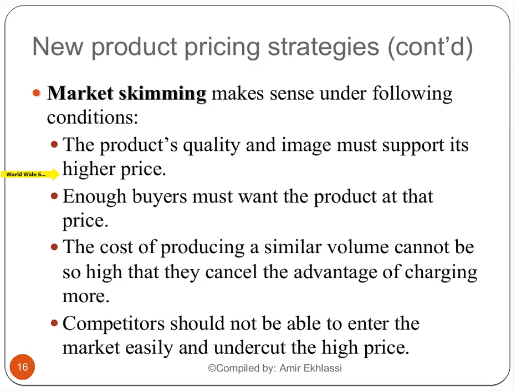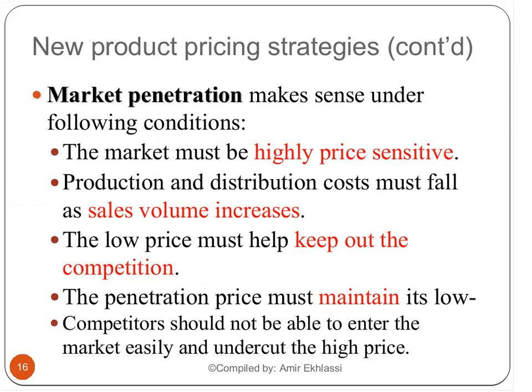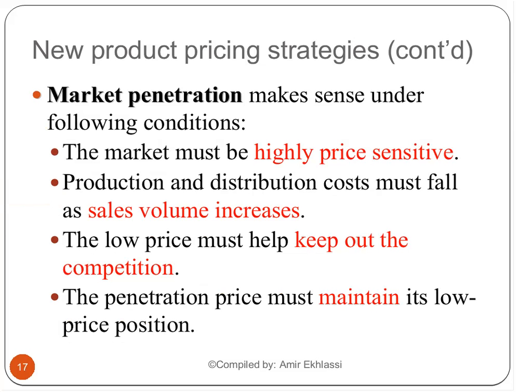Because they rely on their quality and image to support a higher price. If you have a low quality product, you cannot have a higher price. And also the buyers who can buy your product must be enough. They predict this, and so in this one, another factor is also important.